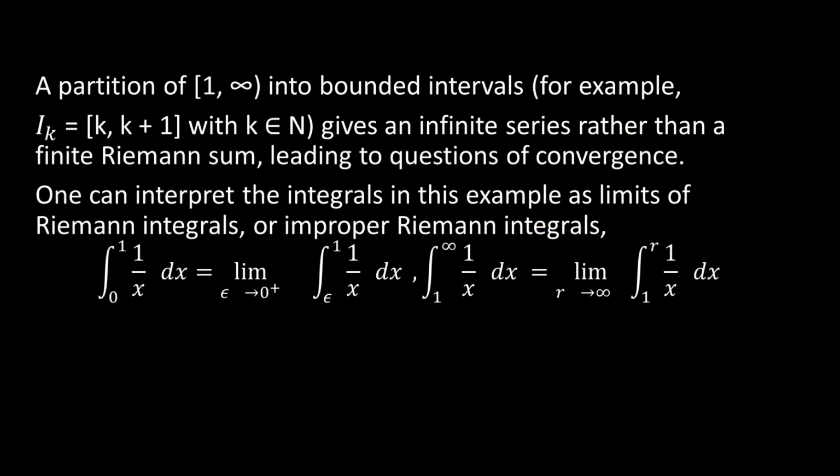If you take a partition of this given interval into bounded intervals, for example, let us have the I_k, which is the group of those bounded intervals, it will give you an infinite series rather than what we want, which is a finite Riemann sum.